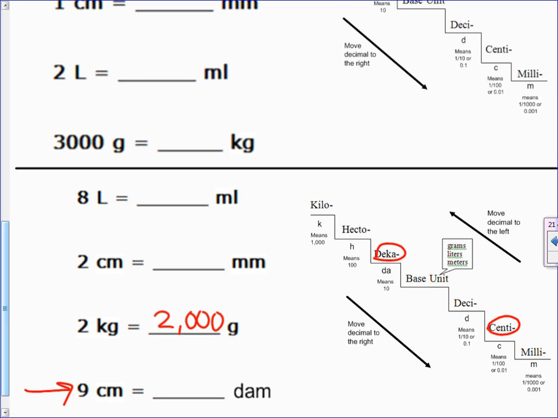We're going to go smaller to bigger. So that means we're going to go upstairs 1, 2, 3 spaces. When we go upstairs, we're going to the left, so same thing goes here. Draw your decimal point at the end of the number. We're going to go to the left: 1, 2, 3. Draw your new decimal point and put zeros in those dips.